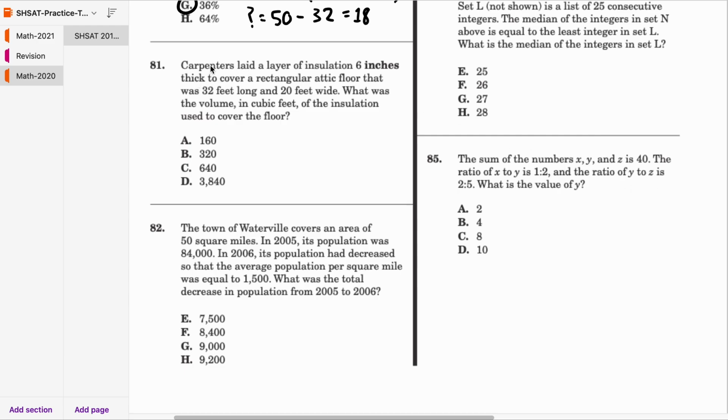So 81, carpenters laid a layer of insulation 6 inches thick to cover a rectangular attic floor that was 32 feet long and 20 feet wide, right? Okay, so we have this basically attic floor, and we're being told that the dimensions of this floor are 32 feet long and 20 feet wide.